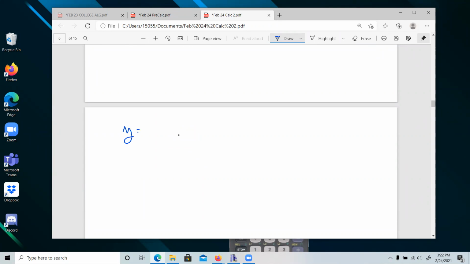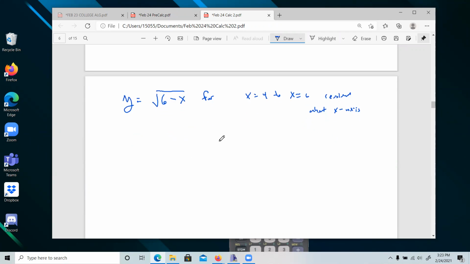Let's do y is equal to square root of 6 minus x. I think this one is a homework problem in your book. For x equals 4 to x equals 6, revolved about the x-axis. All right. So let's draw it and figure out what we're looking at here first.